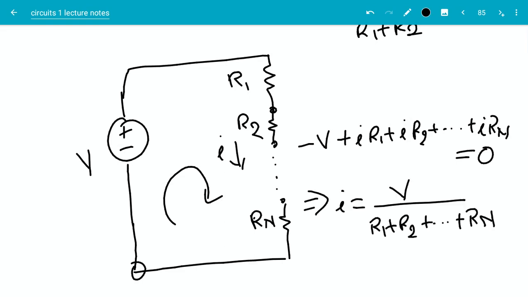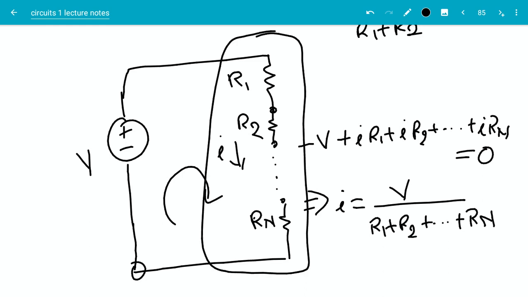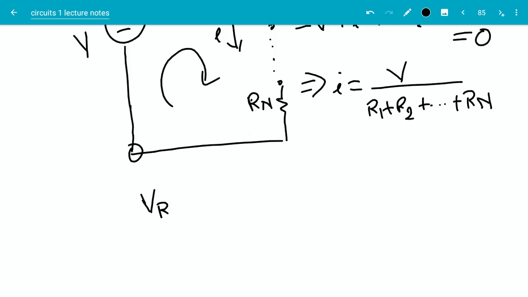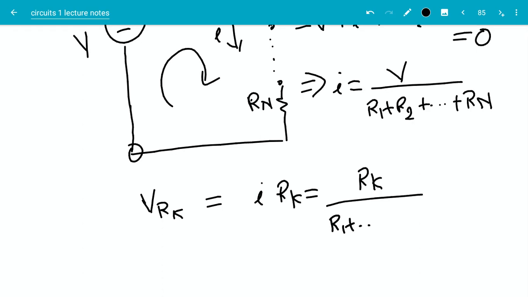And then I get my total current as the voltage divided by R1 plus R2 and so on until Rn, which makes sense because when you connect resistors in series, the total resistance is just the sum of all the resistors, and therefore the current in the circuit should be V over the total resistance, and that is what we have. If I want to find the voltage across the kth resistance, let's say Rk, that should be equal to I times Rk, which should be equal to Rk divided by R1 plus and so on until Rn, times V.